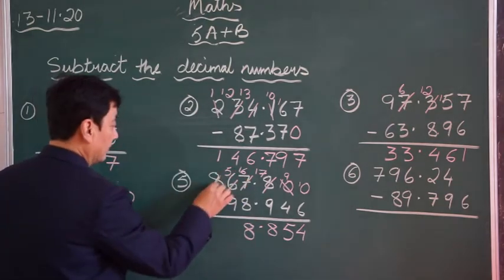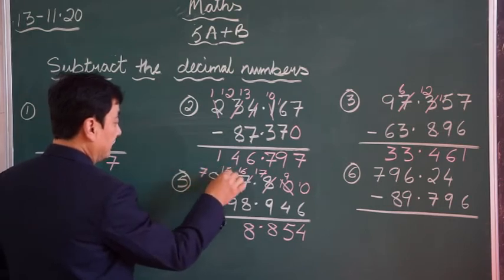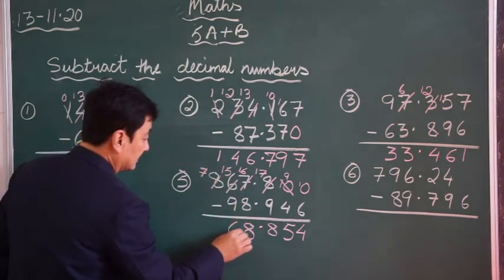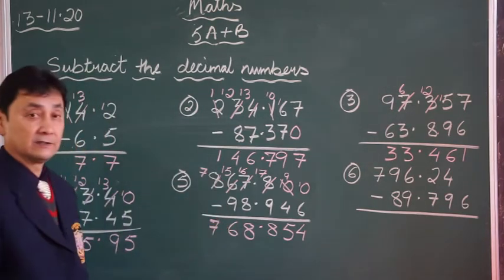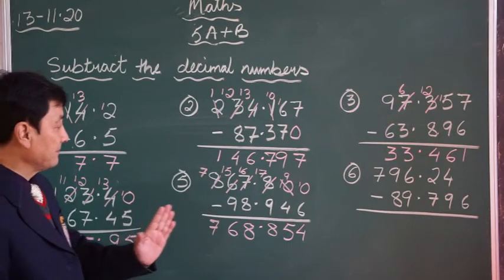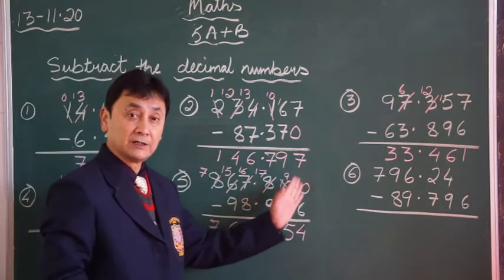No, we must borrow. 15 minus 9, 6. And bring down this 7. Wasn't that easy? It's easy, but we must remember, if there are no numbers, put a 0.